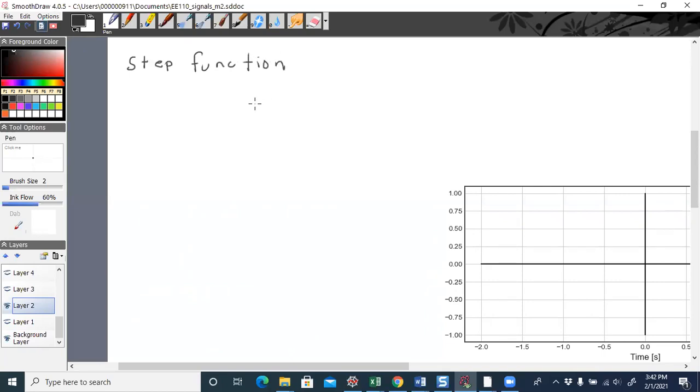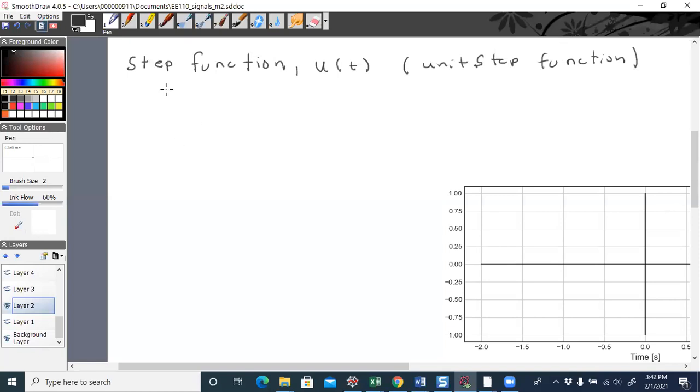So the next function we're going to do is a step function. The shorthand is UT, because really it's the unit step function, because essentially it goes up to 1.